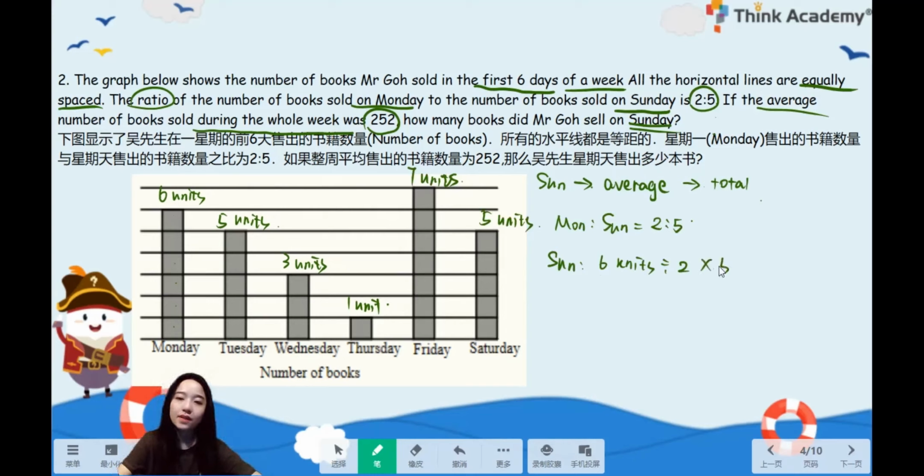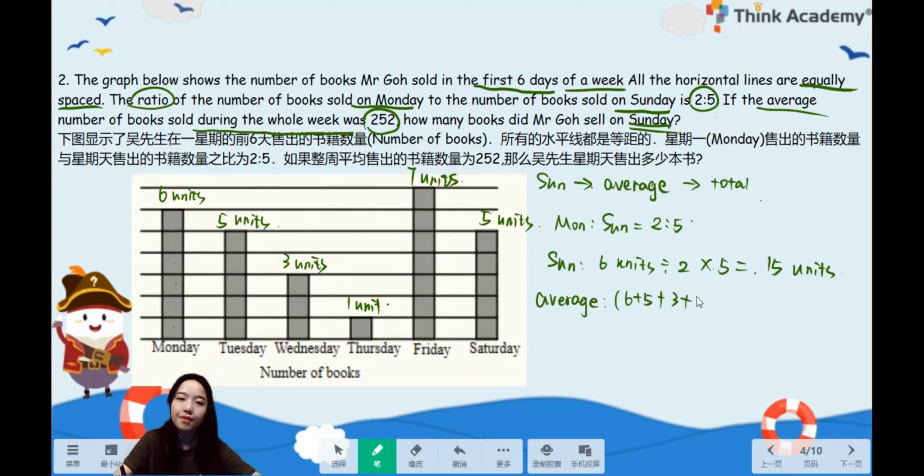Then for Sunday, it has 5 parts, so we multiply by 5. In this way, we can solve that Sunday contains 15 units.